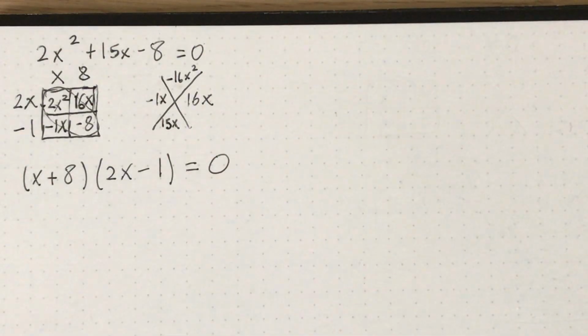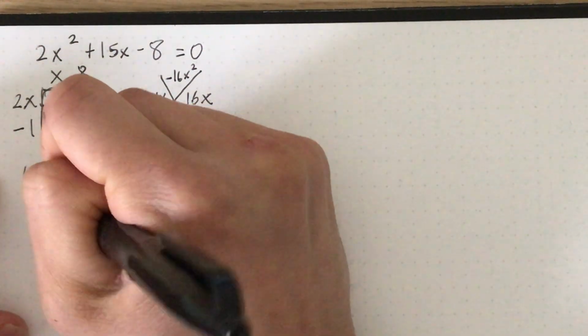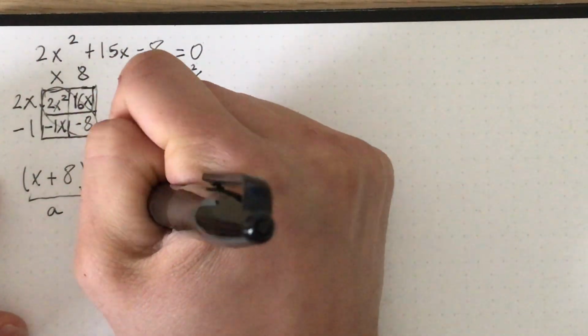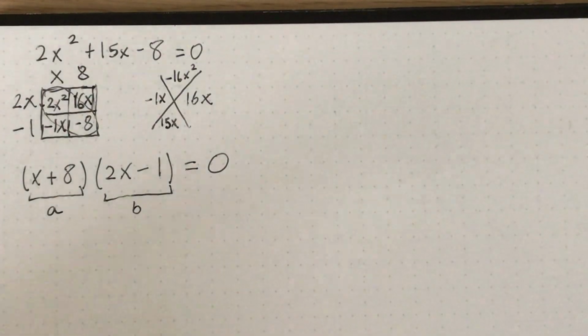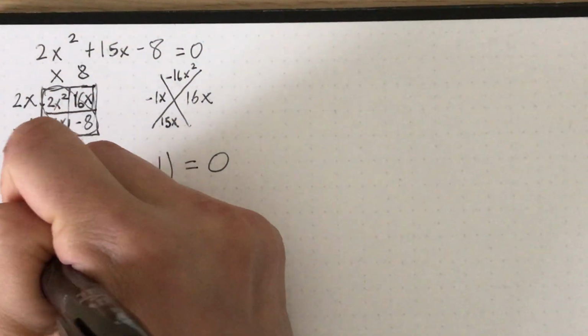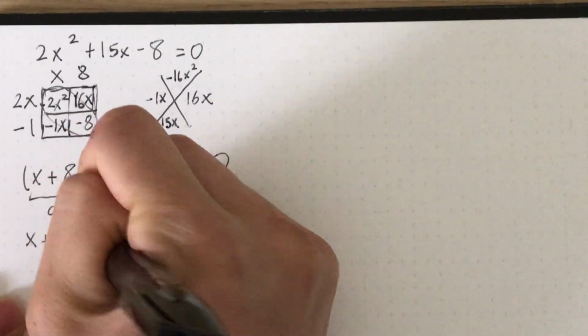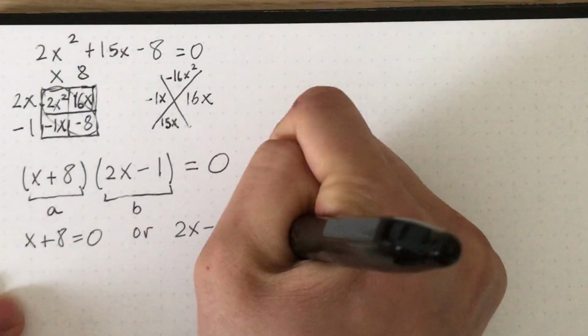Now we can use the zero product property. If we treat this as a and this as b, one of a or b must be 0, or both. So we make two different equations: x plus 8 equals 0 or 2x minus 1 equals 0.